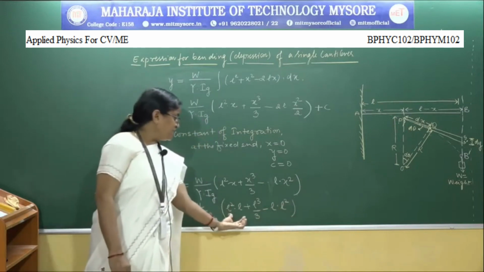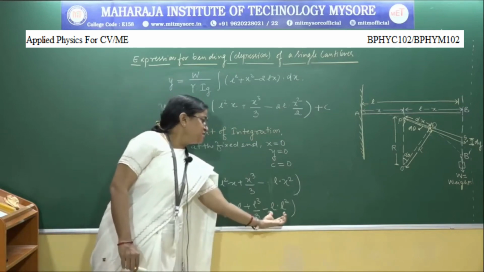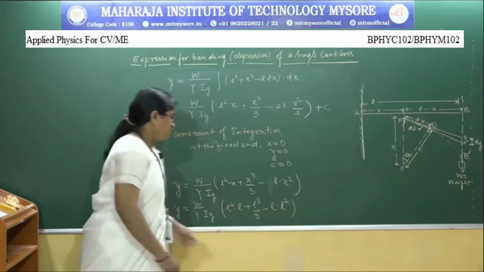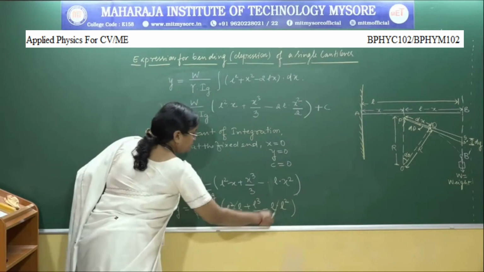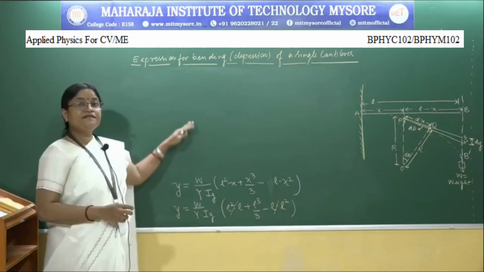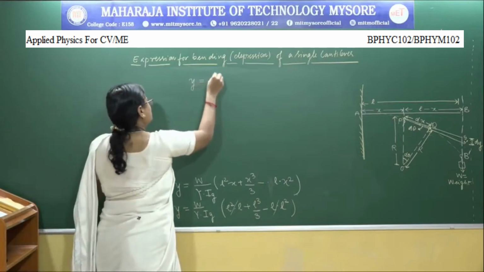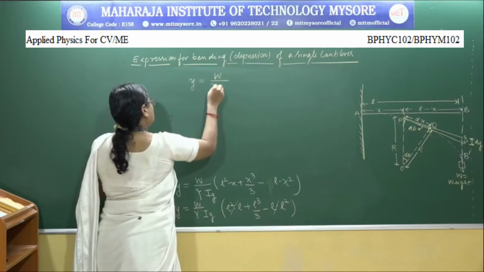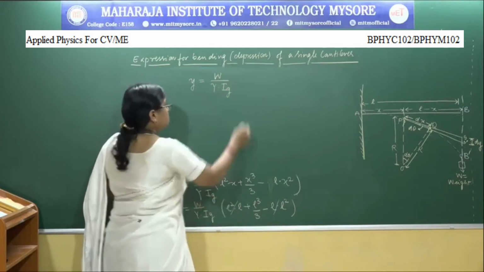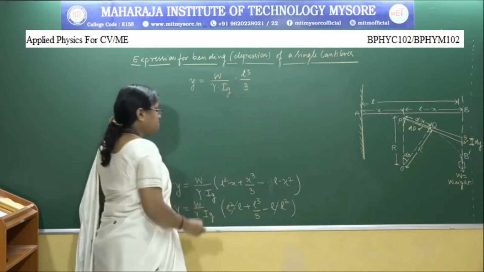So, L square into L is L cube and minus L square into L is also L cube, so this term will be cancelled out and we can write the expression for bending y is equal to W by Y Ig into L cube by 3.